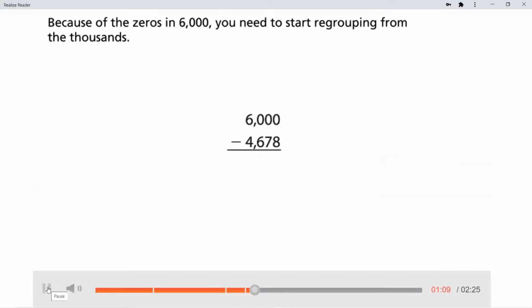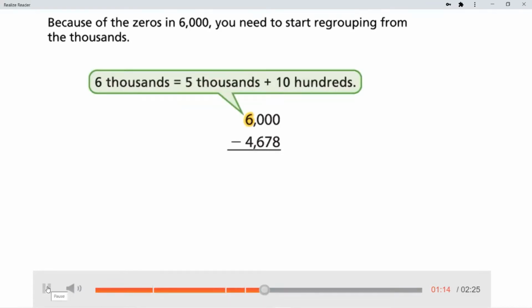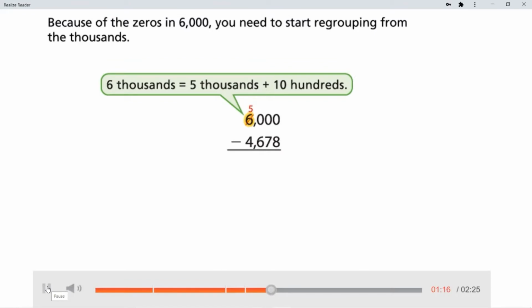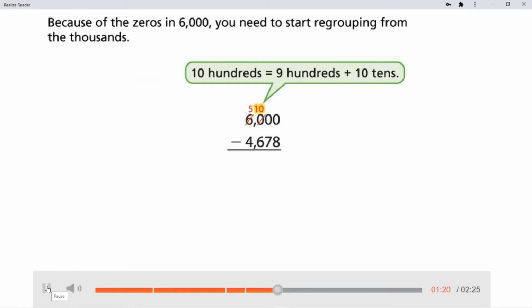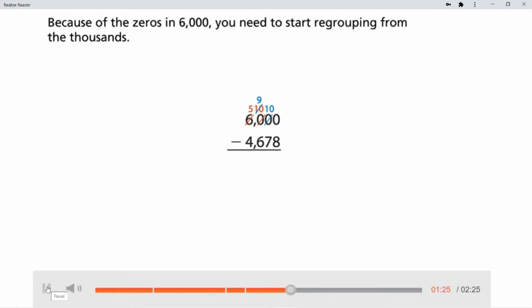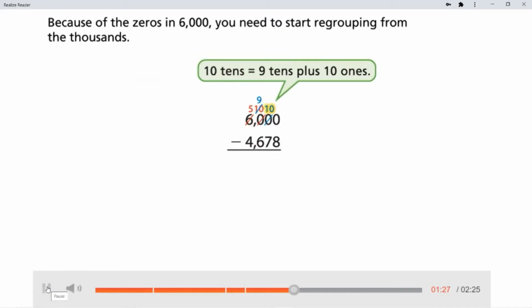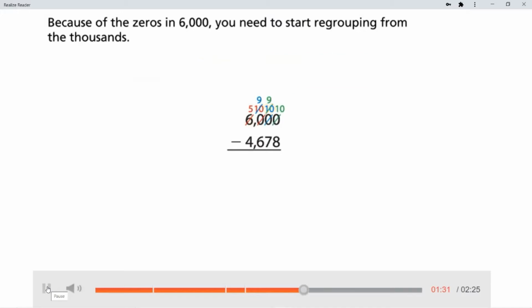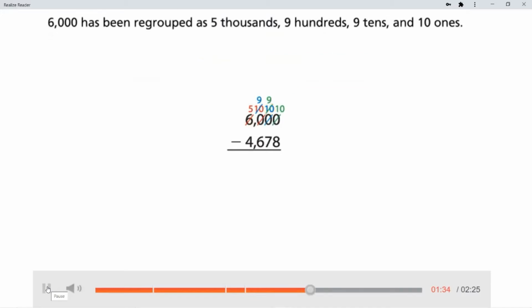Because of the zeros in 6,000, you need to start regrouping from the thousands. 6 thousands equals 5 thousands plus 10 hundreds. 10 hundreds equals 9 hundreds plus 10 tens. 10 tens equals 9 tens plus 10 ones. 6,000 has been regrouped as 5 thousands, 9 hundreds, 9 tens, and 10 ones.